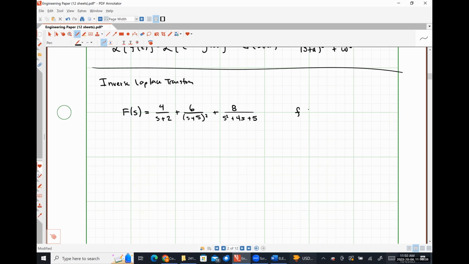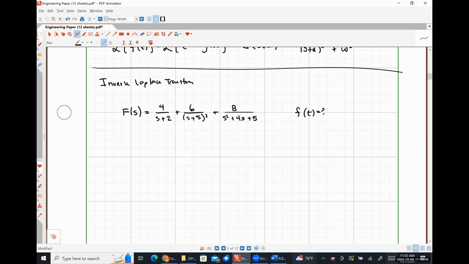And I want to find f of t, what would I do? So there's no need to do partial fraction expansion here. We already have the sum of a bunch of fractions, right?